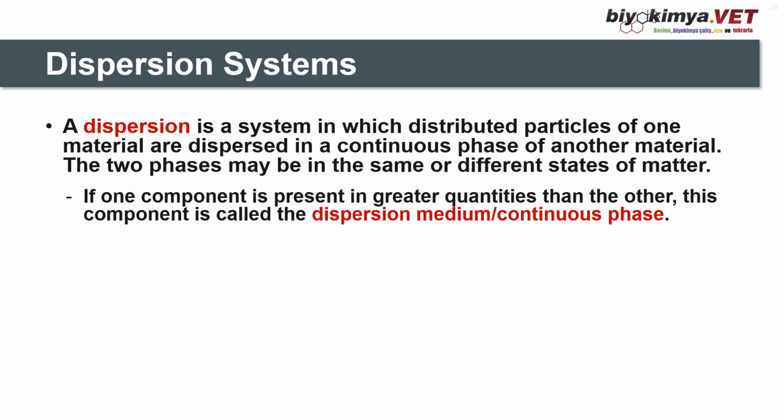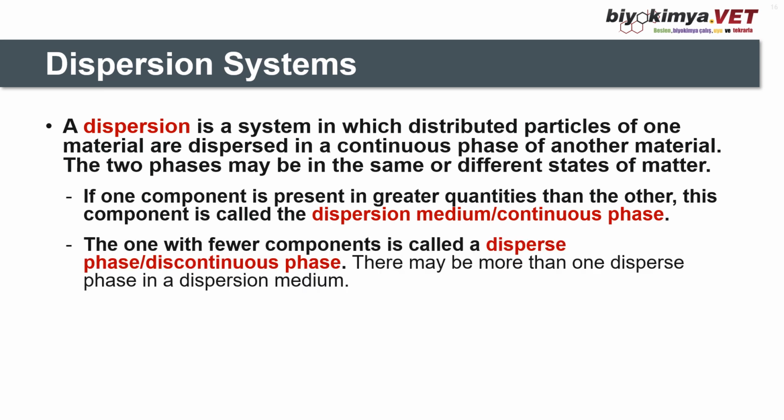If one component is present in greater quantities than the other, this component is called the dispersion medium or the continuous phase. The one with fewer components is called the dispersed phase or discontinuous phase. There may be more than one dispersed phase in a dispersion medium.